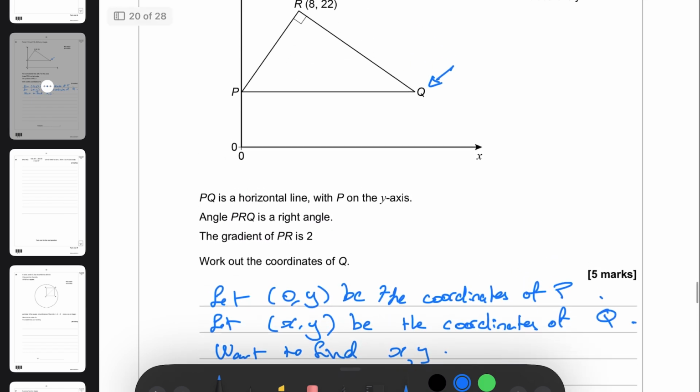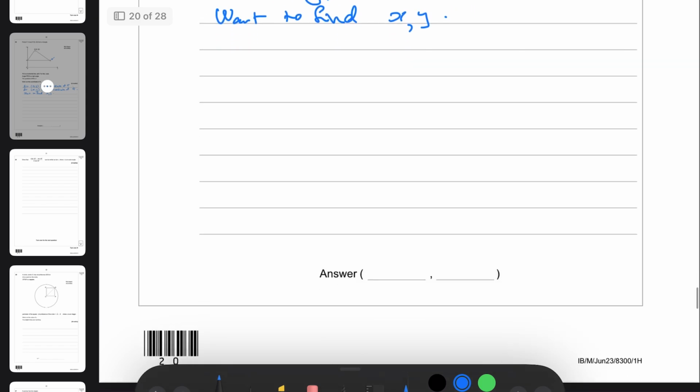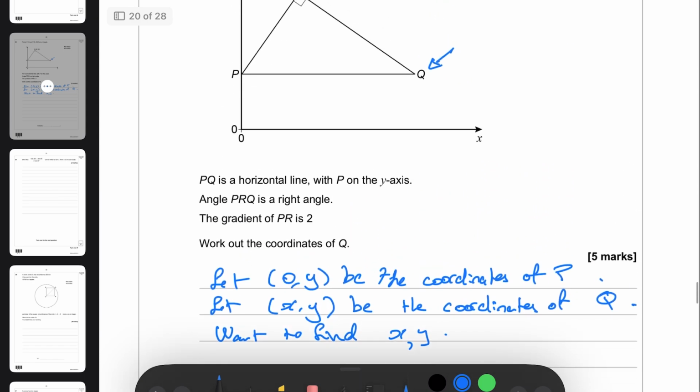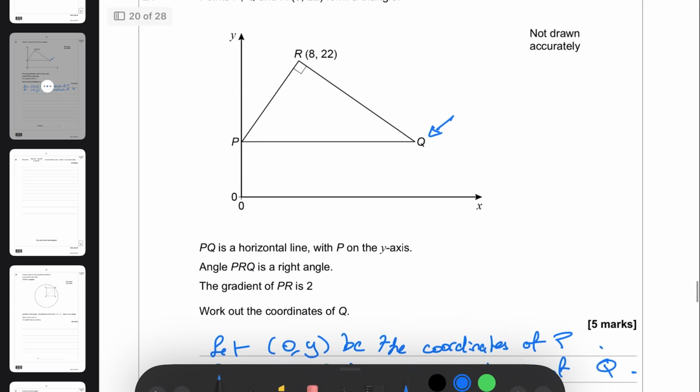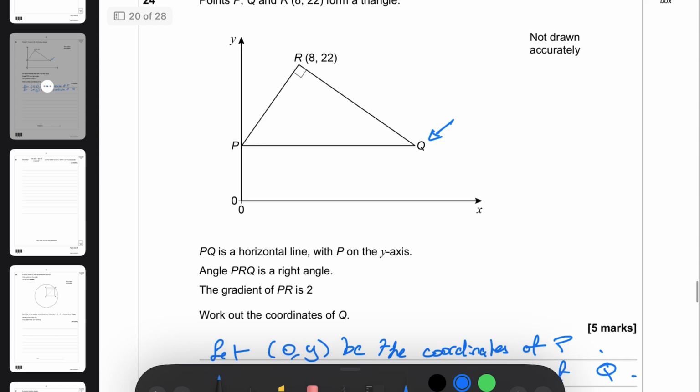So gradient of PR is 2. Actually, there's a bit of space, right? Okay, so I might need a bit more space. I'll delete some of my writing if I need the space.